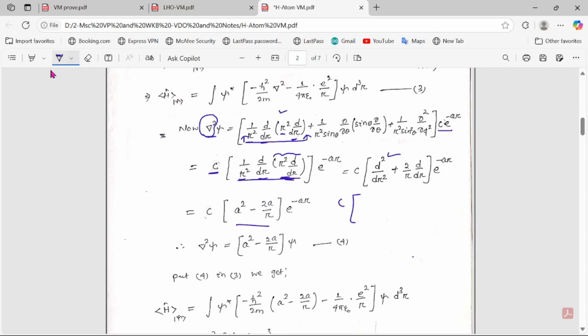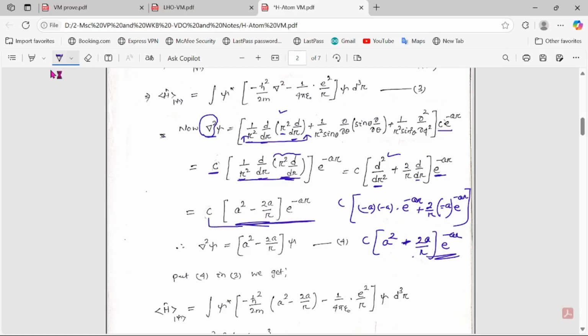The double derivative applied over e to the power minus ar gives a square e to the power minus ar, then plus 2 by r times d by dr over e to the power minus ar, which gives minus a e to the power minus ar. So we find c into a square minus 2a by r, into e to the power minus ar. The same thing has been written over here.